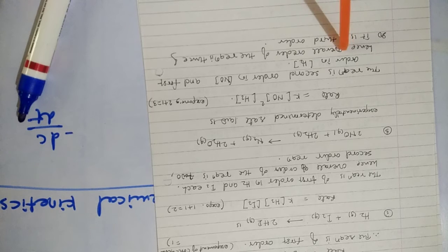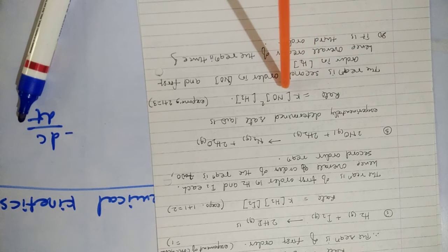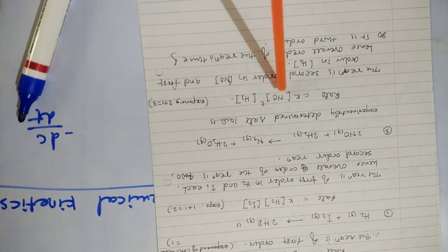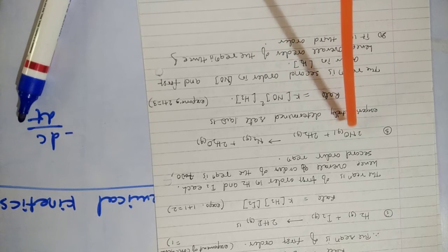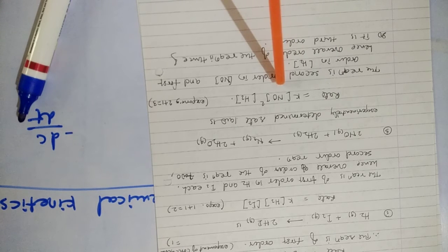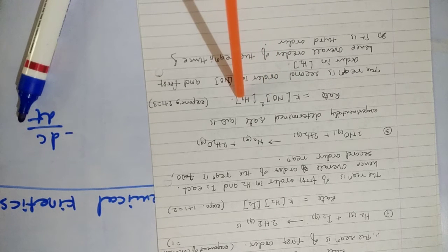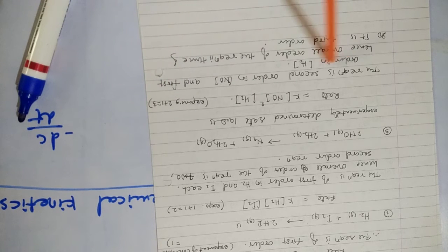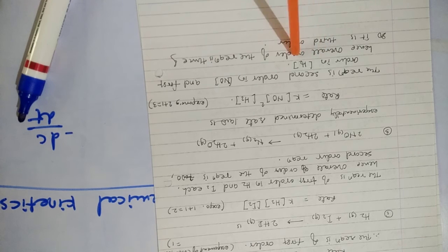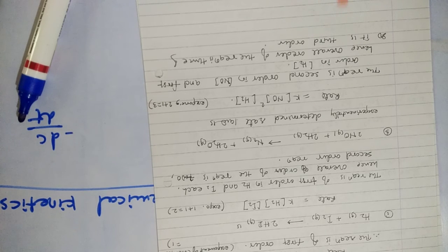See here, it is found that the rate is directly proportional to the concentration of both, but second order in NO and first order in H2. That's why 2 plus 1 is 3, a third order reaction. The reaction is second order in NO and first order in H2. Hence the overall order of the reaction is 3, and so it is third order. This is the order of the reaction.